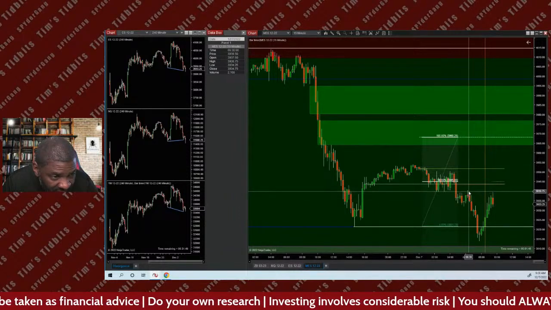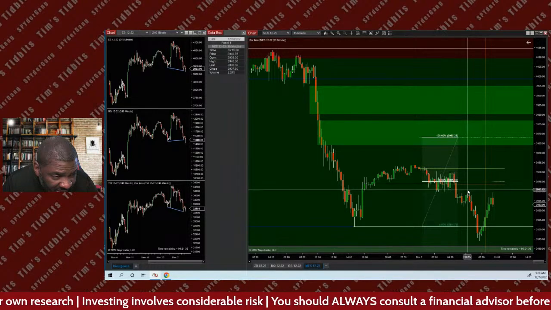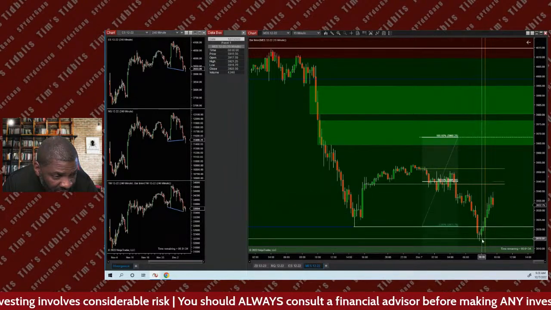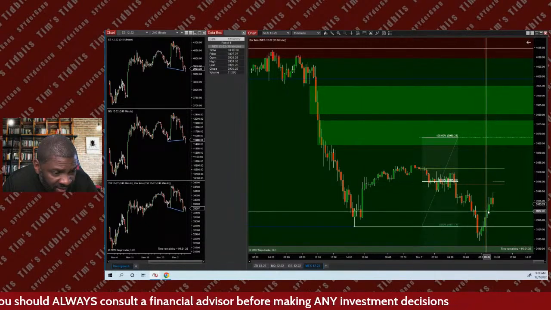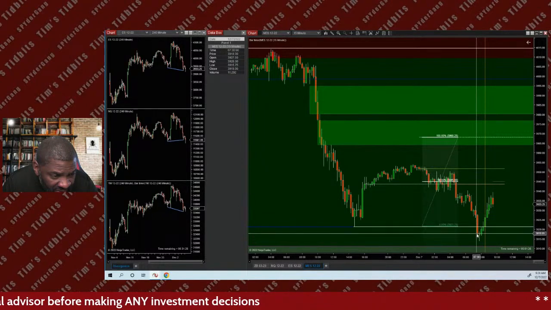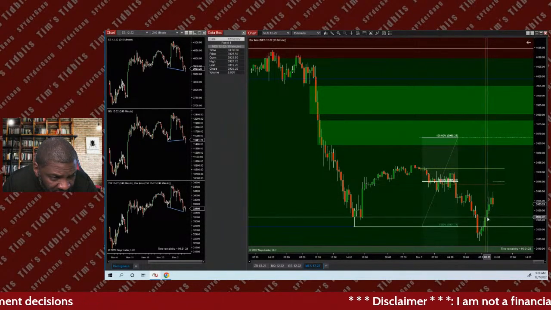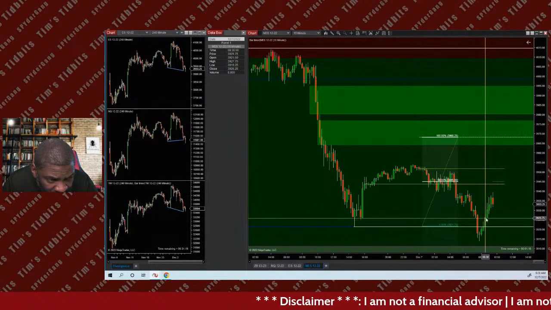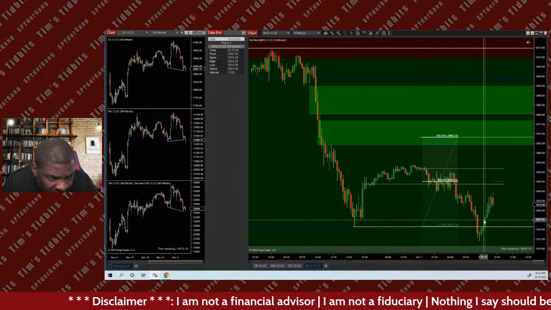And then it pushed up into this fair value gap, then dropped down and broke, ran the sell side, and now we got a good reaction off of it, setting up this huge order block right here on the 15-minute. We got a fair value gap there on the 15-minute.